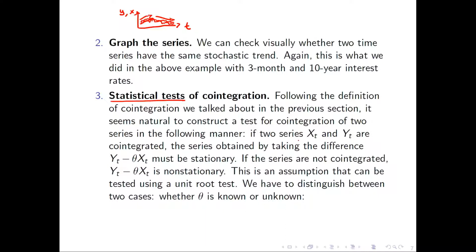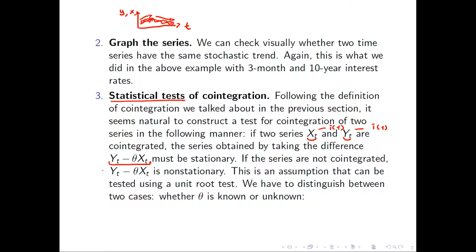If the x variable and the y variable are I(1), then you can test whether or not these are co-integrated by taking the difference, which is yt minus a scaling of the xt.